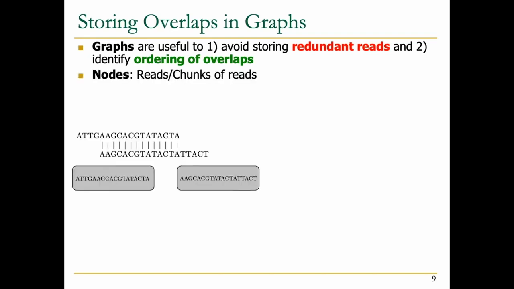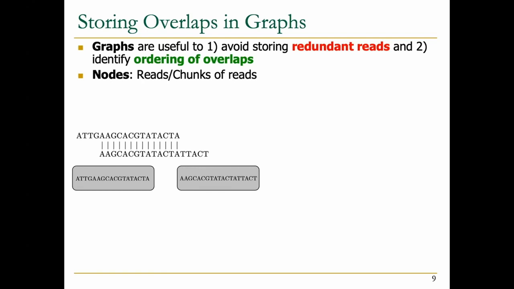And now I'll quickly show the structure of the graph, how we construct it. Of course, since this is a graph, there are two main structures. The first one is nodes, and the second one is edges, right? We construct a node for each read, or for each chunk of the read if you are working with chunks, the smaller pieces of the read.